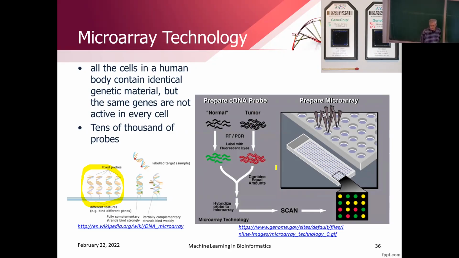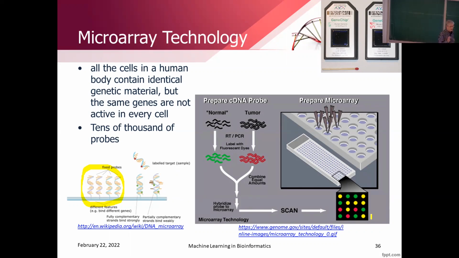And then if we put together these both samples mixed on the chip, on the spots where they find complementary substrings in the DNA, they will bind to the spot. And under microscope, we can check the color of the spot.